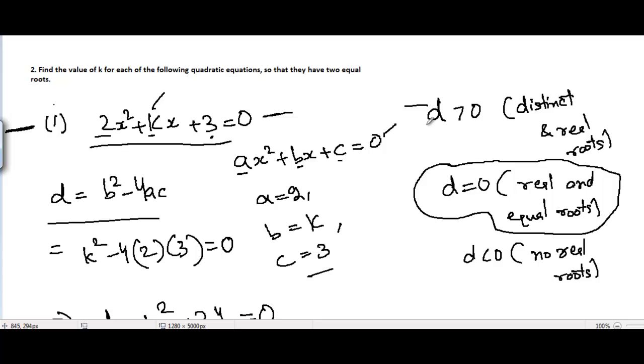The second problem is kx times (x minus 2) plus 6 equal to 0. It's also given to us that this equation has equal roots, so the value of the discriminant for this quadratic equation must be equal to 0, and we fall under this category.